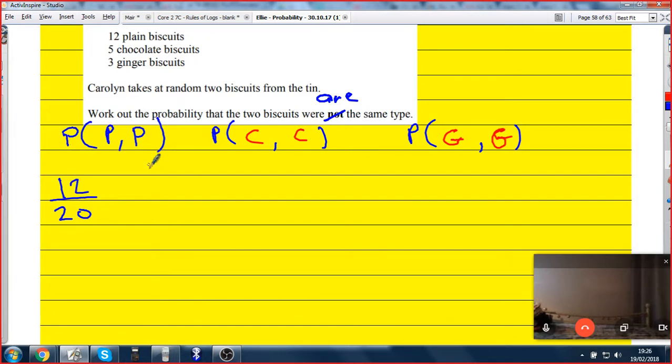And then what's the probability of taking a plain again? 11 out of 19. That's it. And then for the next one, would it be 5 out of 20 and then 4 out of 19? Mm-hmm. And then 3 out of 20 and 2 out of 19. Got it. Okay, what's next?